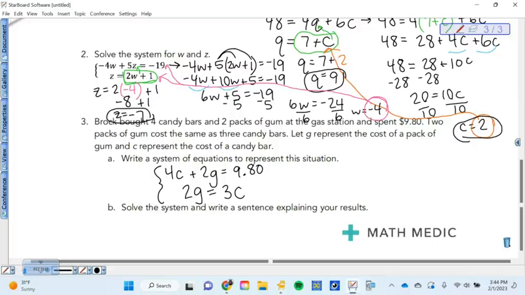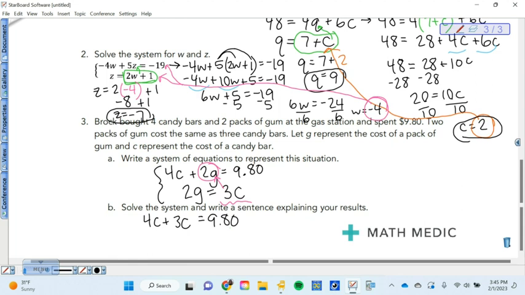Since 2G shows up in both, I can take this 3C and plug it in where I see that 2G there. So I'll rewrite this equation, 4C plus, instead of 2G, it's 3C. So 4C plus 3C equals 9.8.